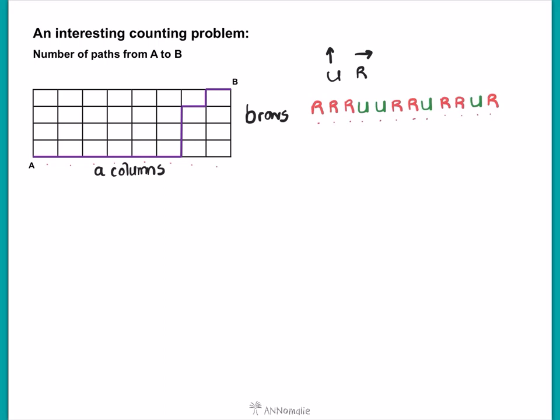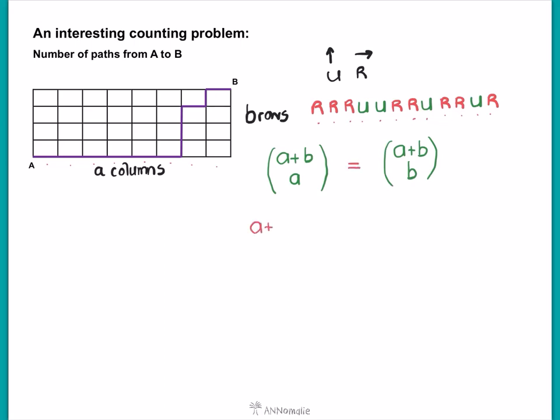At this point, we see that we have A plus B entries, and that it essentially mathematically corresponds to: in how many ways can I choose A columns from A plus B entries, or alternatively, how many ways can I choose B rows from A plus B entries. And these two values will be exactly the same. Why?